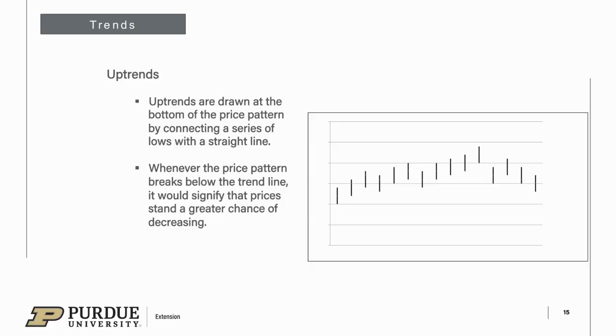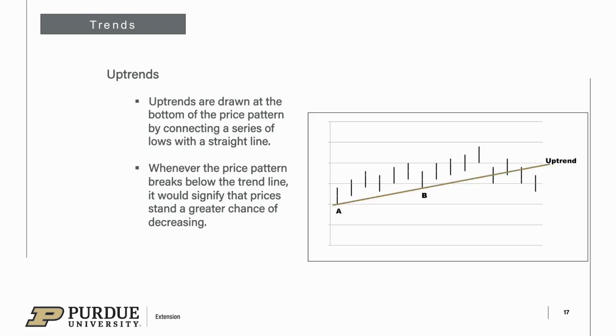So let's look at an uptrend. Uptrends are drawn at the bottom of the prices, and it signifies that prices are going upward, that we're going to see an increase in prices. And that price pattern isn't broken until prices fall below that trend line that we have drawn. And that signifies then that there's a greater chance that prices are going to decrease.